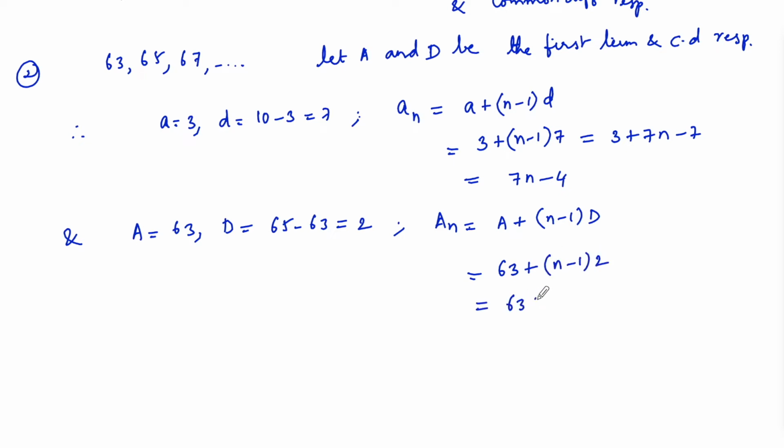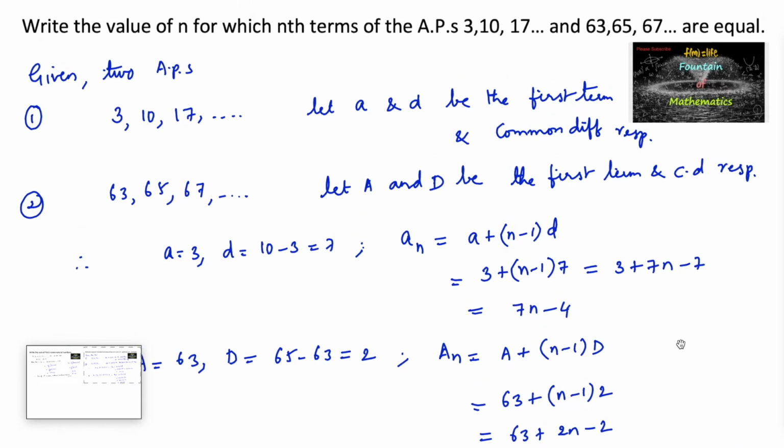So we can write 63 plus 2n minus 2, so that is 61 plus 2n. So the two nth terms are mentioned here, and now we need to find the value of n for which the nth terms of the two A.P.s are equal.